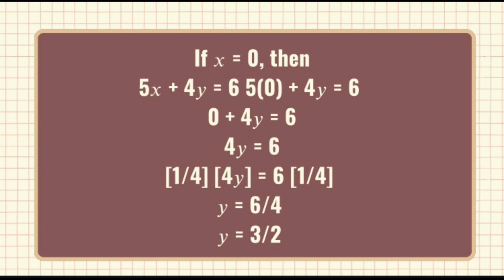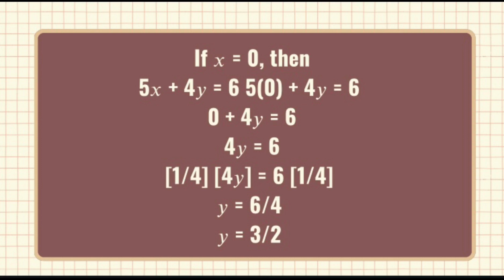If x = 0, then in the given 5x + 4y = 6, x will be substituted by 0. It will become 5 times 0 plus 4y = 6 by substitution. Then we simplify: 5 times 0 is 0, so the equation becomes 0 + 4y = 6. By the additive identity property, our equation becomes 4y = 6.